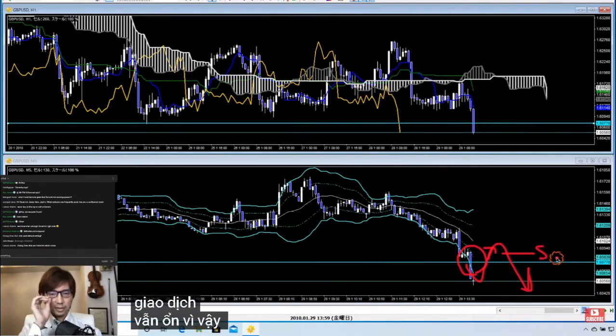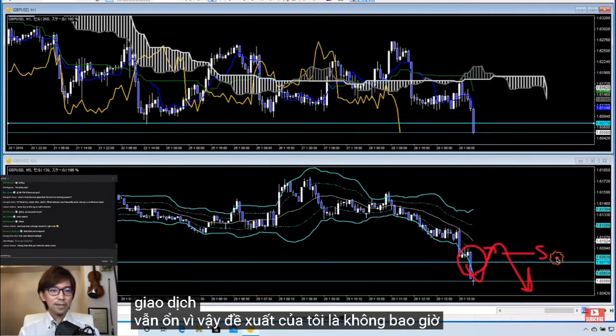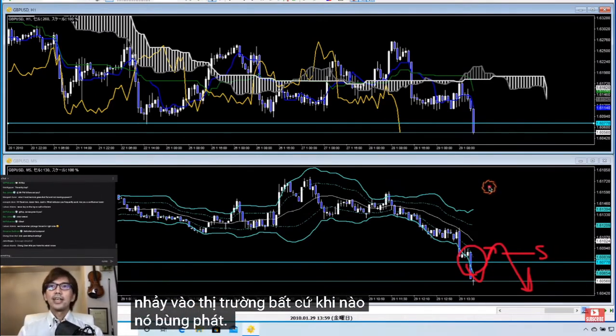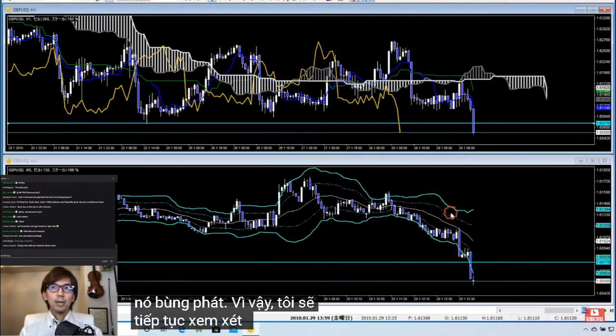Sell. Okay, so my suggestion is never jump into the market whenever it breaks out. And I will keep looking at the Bollinger Bands.